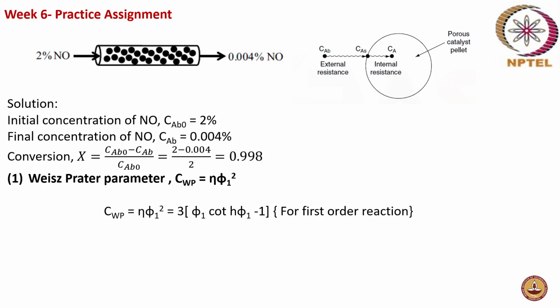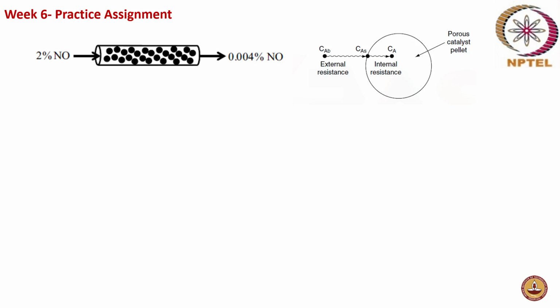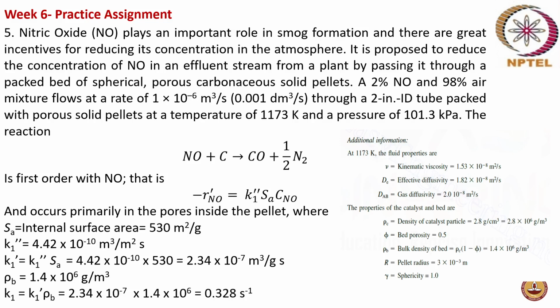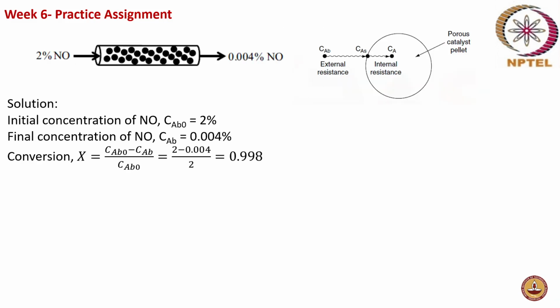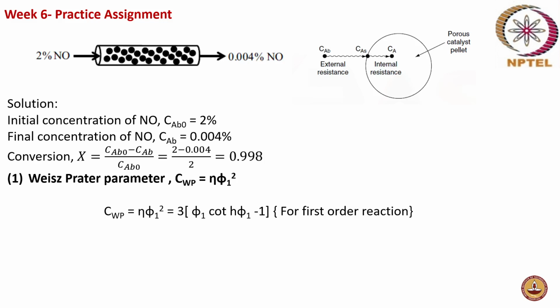Now we have also been given the information that the reaction is first order with respect to nitric oxide, where the intrinsic reaction rate expression is also given. So considering that, your Weisz-Prater parameter becomes CWP is equal to eta into phi 1 square, which is nothing but equal to 3 into phi 1 cot hyperbolic phi 1 minus 1.